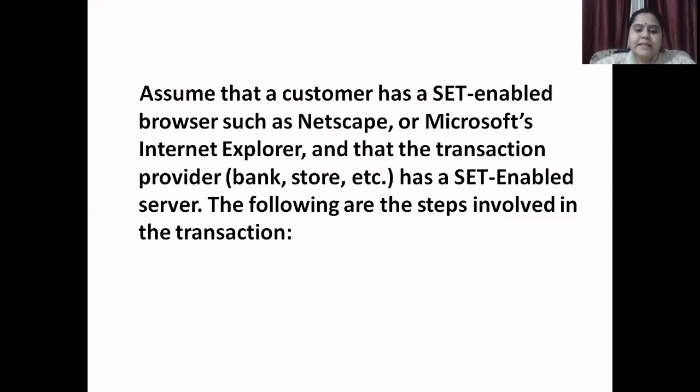Sixth, the browser sends the order information. The order information has ordering details and payment information. The ordering details are encrypted with the merchant's public key, and the payment information is encrypted with the bank's public key, which can't be read by the merchant.